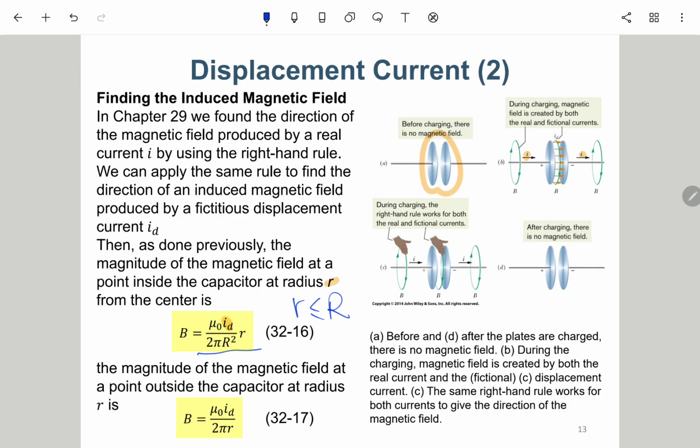But for that case, it was a static current. Here we just consider it as a displacement current, and it turns out to be the same form. If it is outside the capacitor, then it is just like this: mu naught I over 2 pi r. I think you should have memorized it, because it occurs very often.